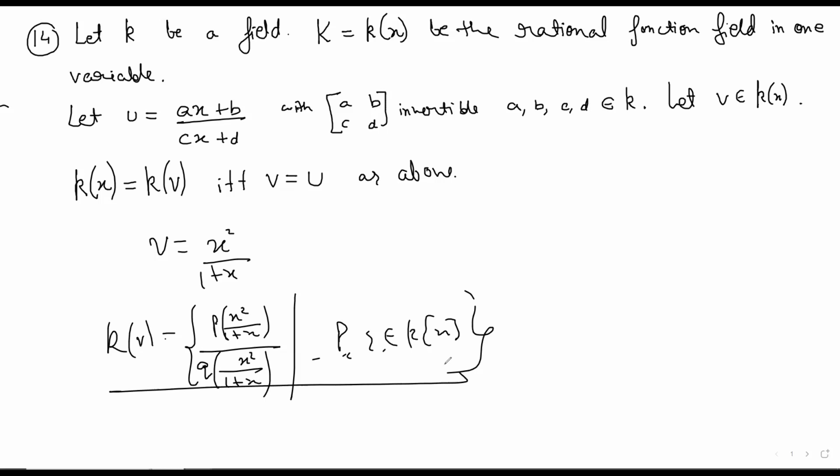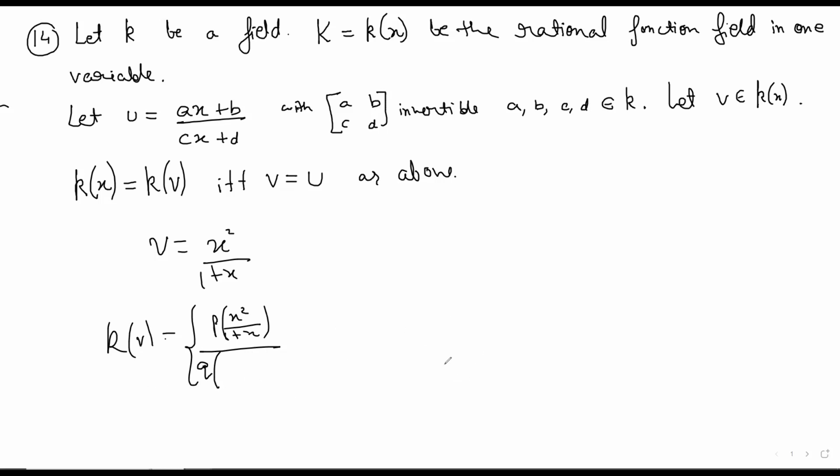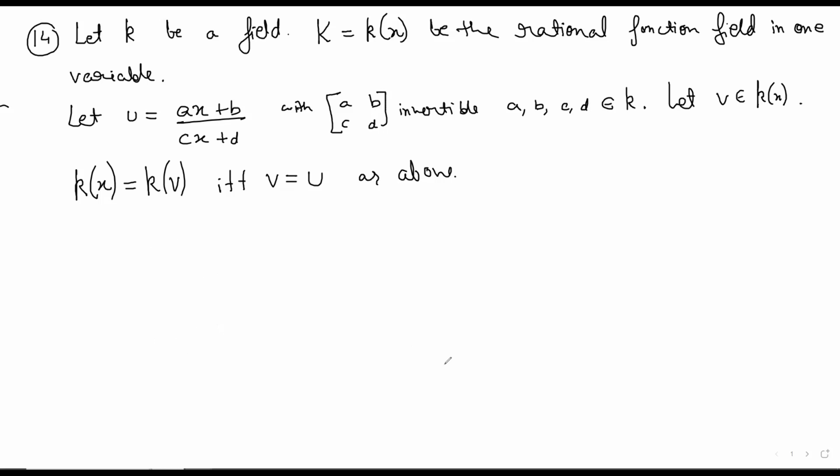That's what k(v) means by definition. So now you have to show basically that it's linear. Okay. So that is a challenge. You have to show that f and g are linear.